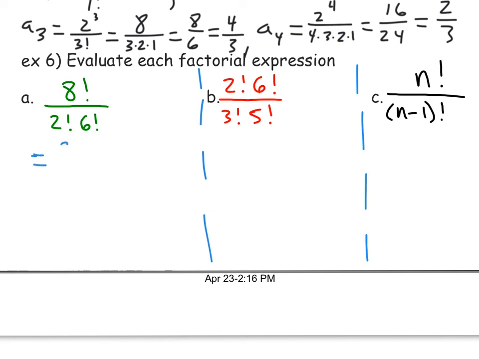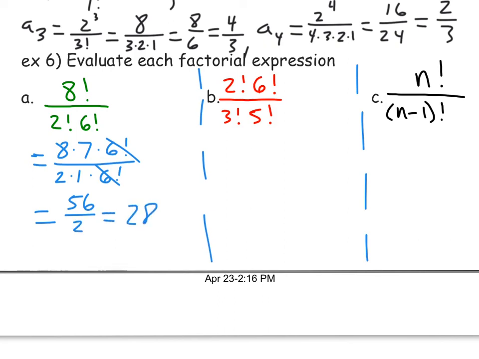I'm going to say 8 factorial, so it would be 8 times 7 times 6, but I don't want to write out everything from 6. 2 factorial is 2 times 1. And I'm just going to leave 6 factorial alone and watch what happens. Okay, the reason I stopped at 6 is I saw it was going to cancel nicely with the bottom. Now on the top I just have 8 times 7, that's 56. 2 times 1 is 2. That expression would simplify to 28.